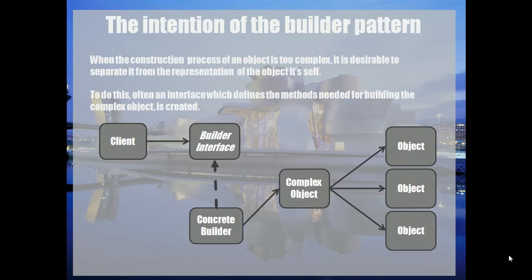So what the builder pattern intends to do is define an interface that contains the methods that are needed for building this complex object. This interface will be implemented by a builder which will build the object for the client. So the client will safely interact with the builder and not with the complex object itself.